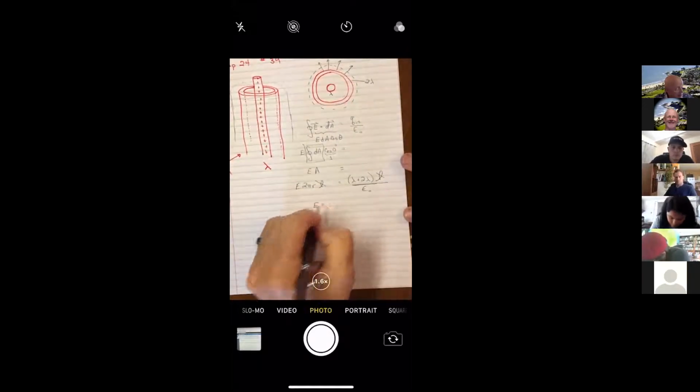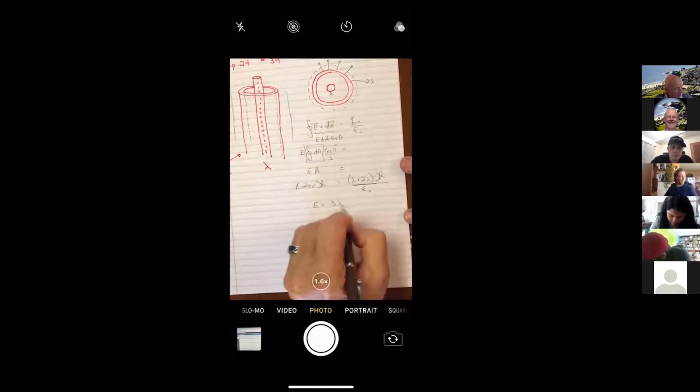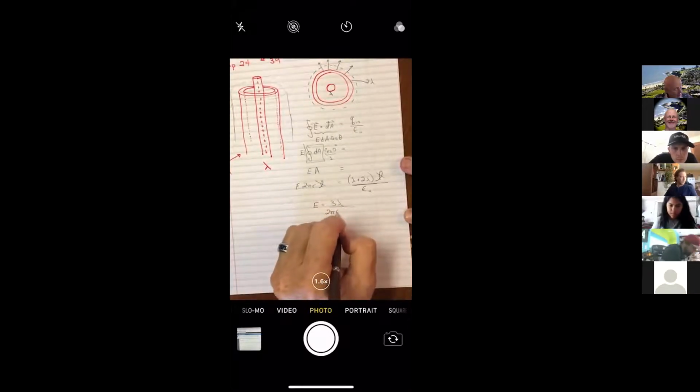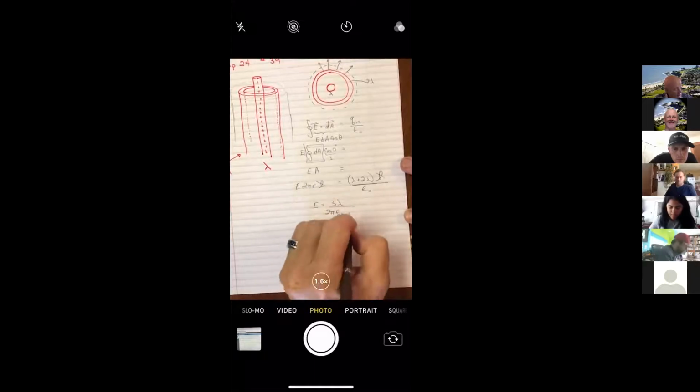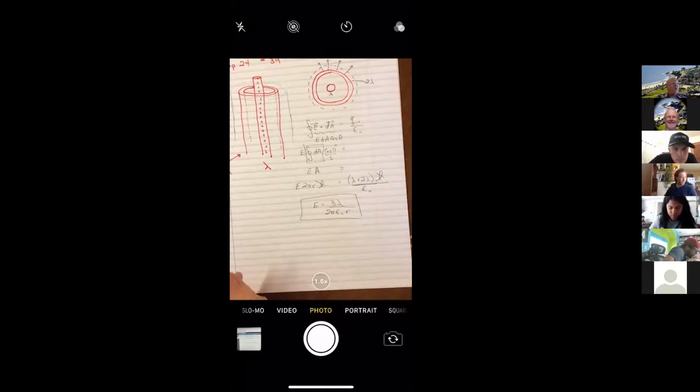And now I can add these two together, so that's a 3 lambda. And then if I put the 2 pi and the epsilon together, and then the r, I think I've answered the question. What is the electric field outside?